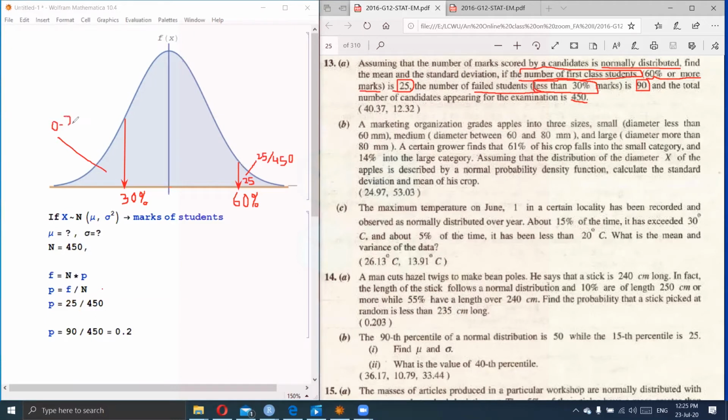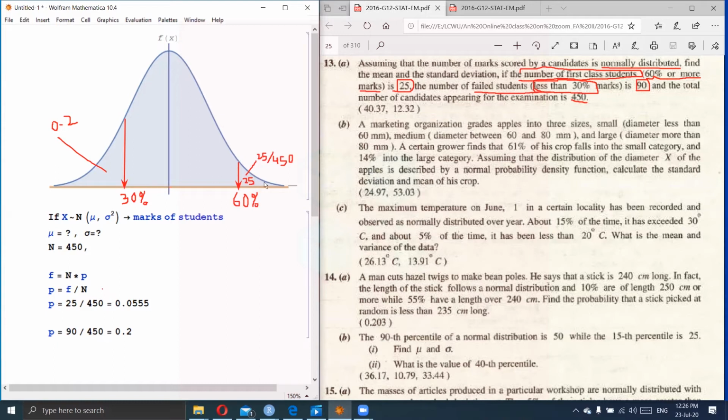and the shaded area here is equal to 0.055. So both probabilities are given, both points are given, 30% and 60%, and the tail areas are 0.2 and 0.055 respectively.